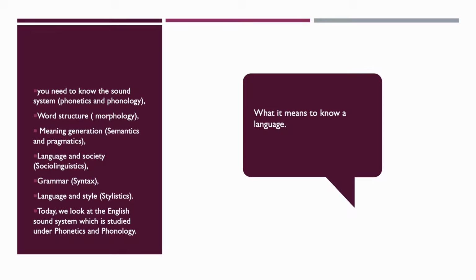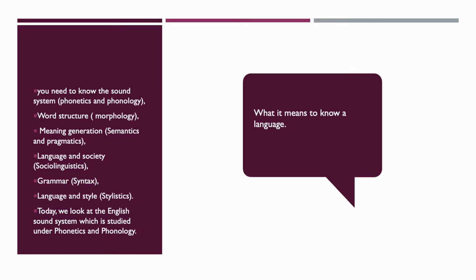You need to know the word structure, which we treat under morphology. You need to know the meaning generation system, which is treated under semantics and pragmatics. You need to learn about language and society. That area of study is called sociolinguistics.